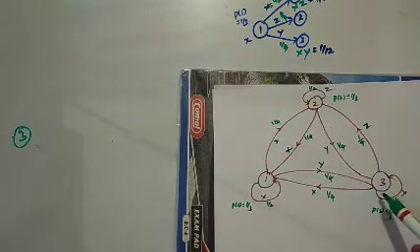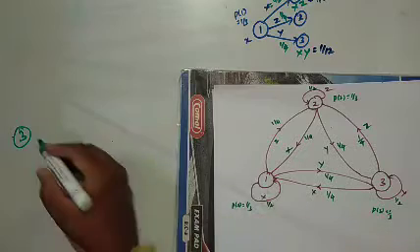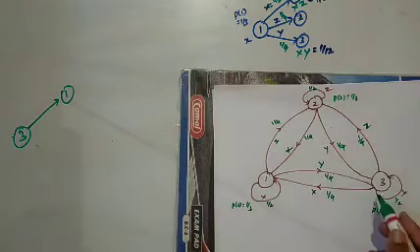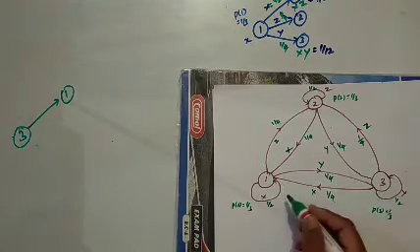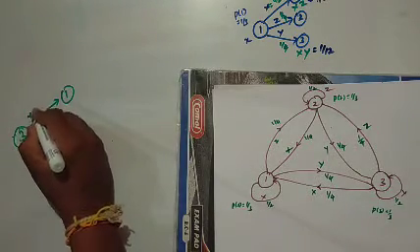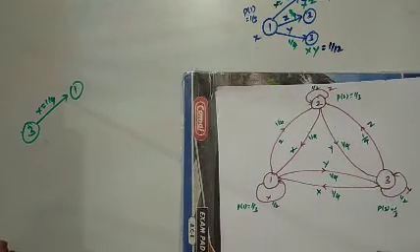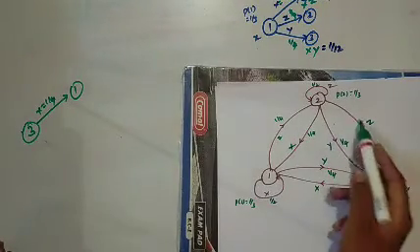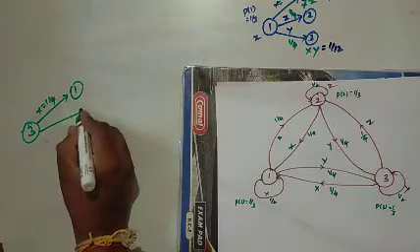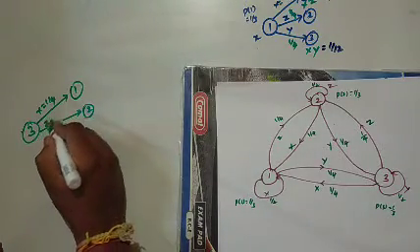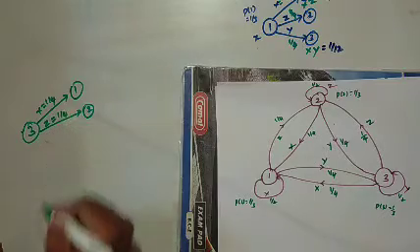See, 3 has a link with 1 with the symbol x, that is equal to 1 by 4. 3 has a link with 2 with the symbol z, and its value is 1 by 4.